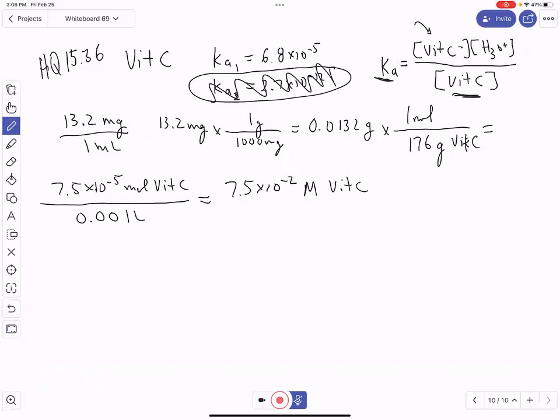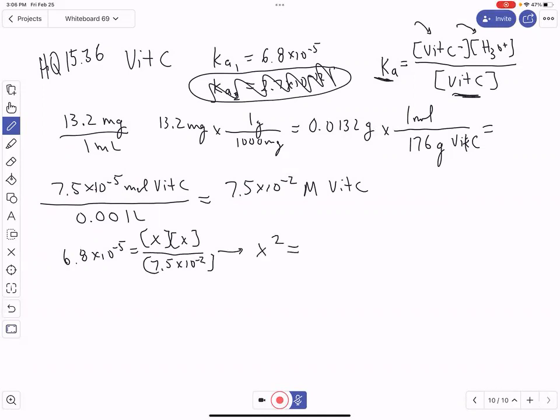This is X, and this is also X, the hydronium. So Ka, 6.8 times 10 to the minus 5, equals X times X over 7.5 times 10 to the minus 2.